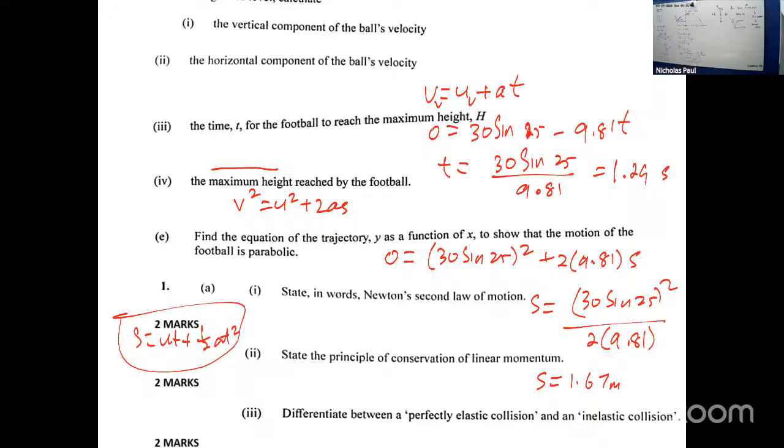Anybody use s is equal to ut plus half at squared? How much you got? Same thing? 8.19? What do you use for u? That's 30 sine 25. T is what? Minus a half by 9.81 by. 30 sine 25 squared is 160.